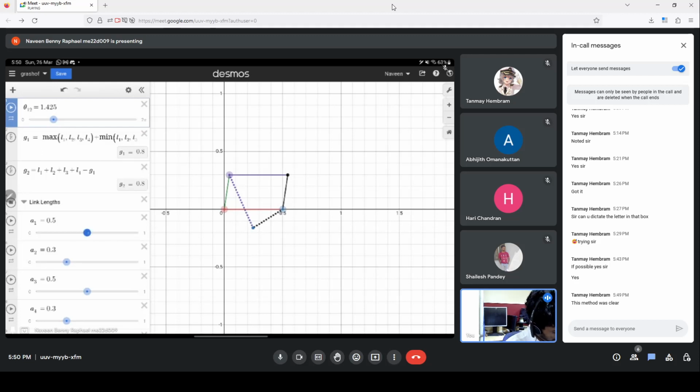So if I change the length A1, I right now changed the length A1 to a length large enough that the Grashof's criteria is violated, and therefore you do not have a continuous flow.